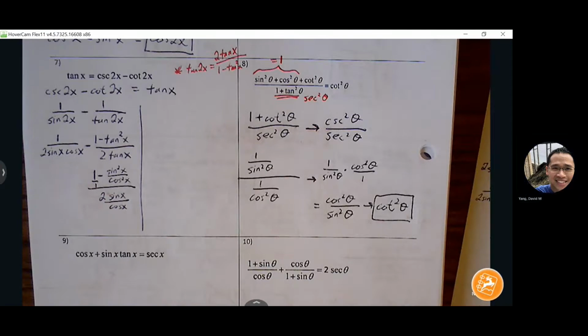Okay, number 9. What did you guys do for your first step for number 9? Yeah. I see a bunch of cosine and sine, so it's easiest to match and pair up if I can get everything to just be sine and cosine.